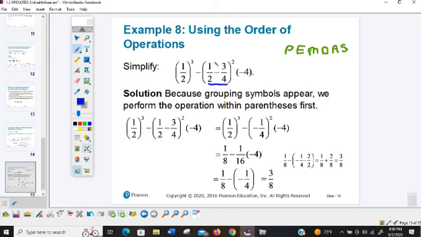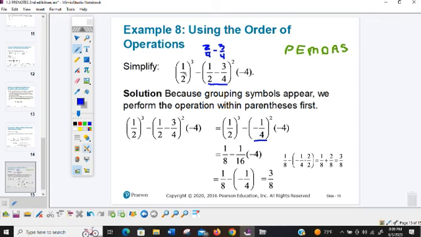Now to get a common denominator, 1/2 is the same as 2/4. We had to multiply the top and bottom by 2. Minus 3/4. Now 2/4 minus 3/4 turns into a -1/4.